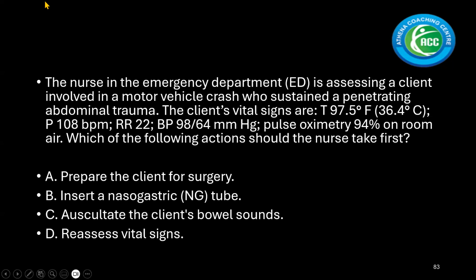What is the normal pulse? 60 to 100 is the normal pulse, and the respiratory rate, which is 22, is also slightly high. 12 to 16 is the normal respiratory rate. Fine. And BP is slightly low. And the saturation, 94 on room air, is okay, but when it is 100, that would be really good.